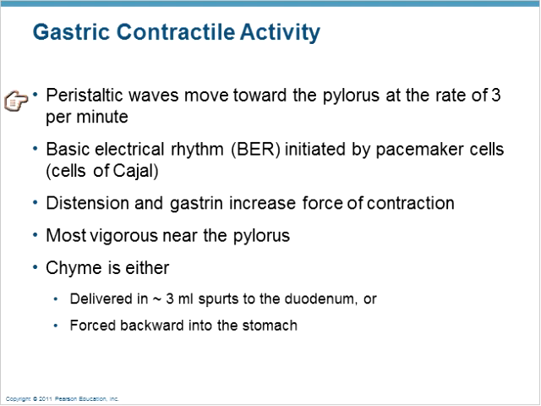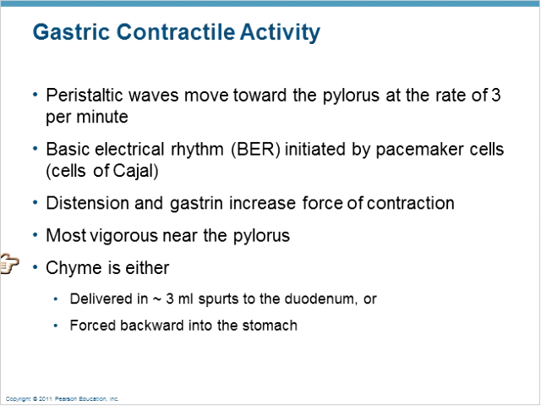For gastric contractile activity, the peristaltic waves move toward the pylorus at a rate of about 3 per minute. There's a basic electrical rhythm, BER, which is initiated by pacemaker cells called the interstitial cells of Cajal. Distension and gastrin increase the force of contraction, and it's much more vigorous near the pylorus of the stomach.